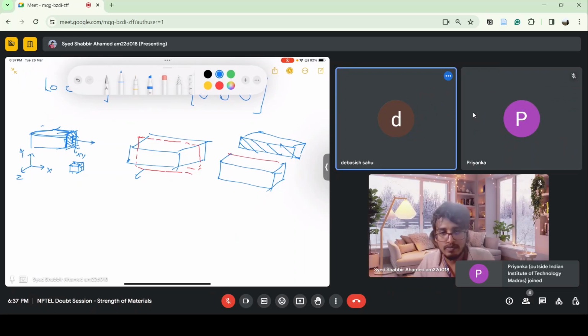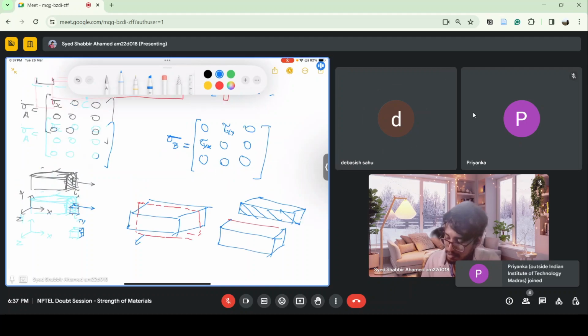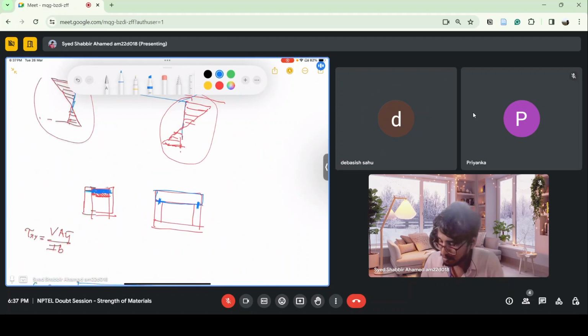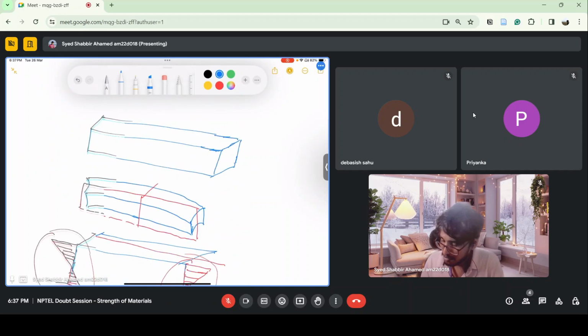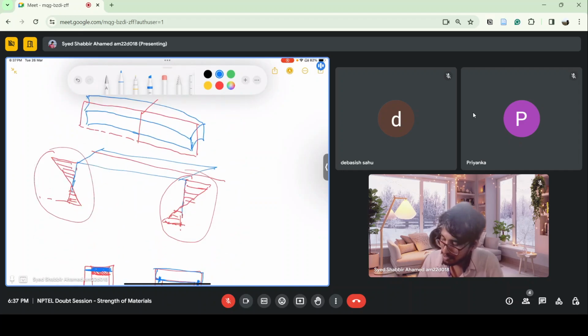We have seen that on this side the net force becomes zero because tension and compression give us zero. This force is zero and this force is zero.